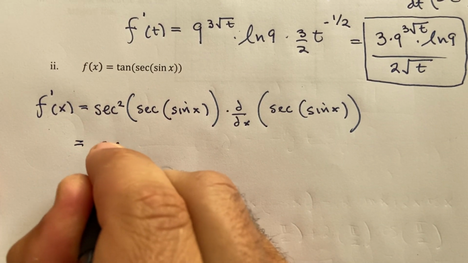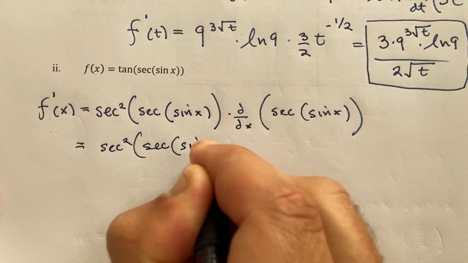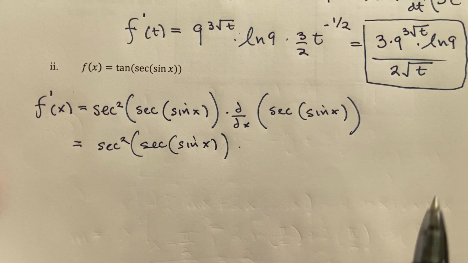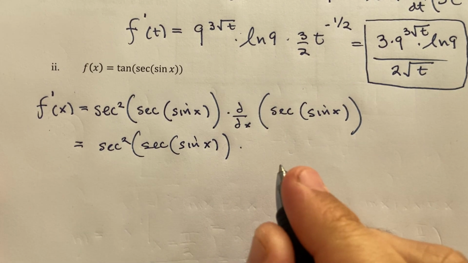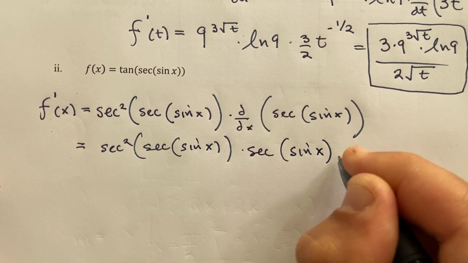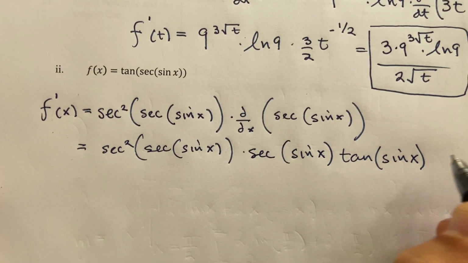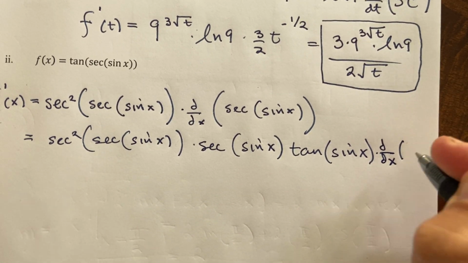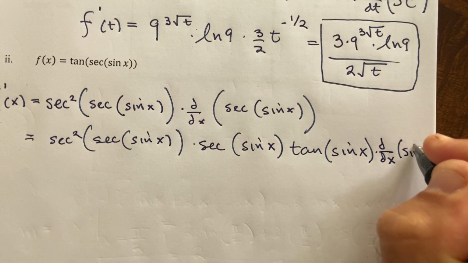So this would be secant squared of secant of sine of x times the derivative of secant, which is secant tangent. So I'll write secant of sine of x tangent of sine of x, but then I need to multiply by d/dx of the inner function, which I haven't differentiated yet, which is sine.